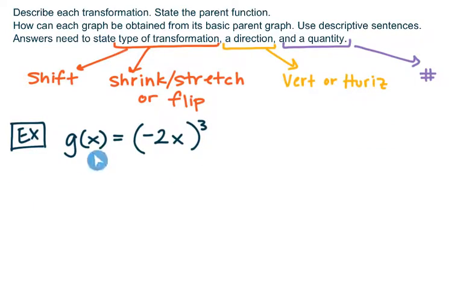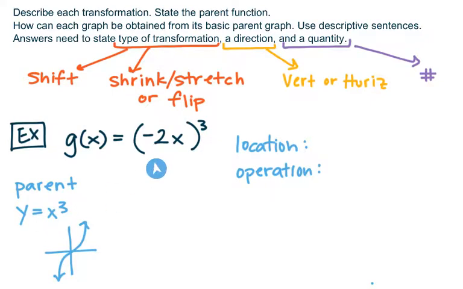For our fourth example, we'll start with g of x equals the quantity negative 2x to the third power. So our most basic parent graph is y equals x cubed. A cubic graph is shaped like this, a vertical snake. So now we're going to focus on the location and the operation.